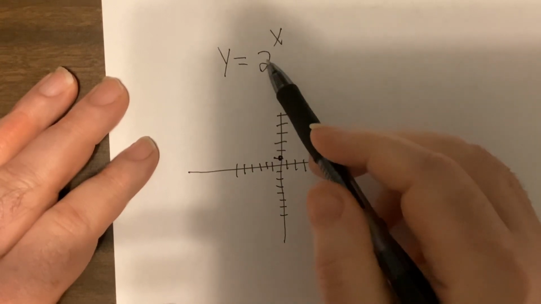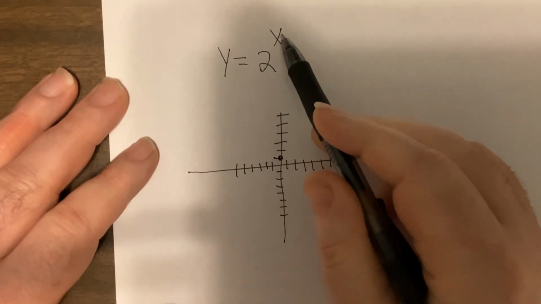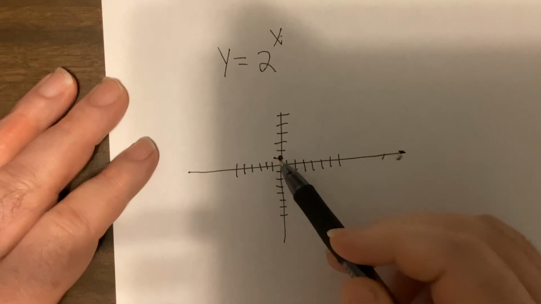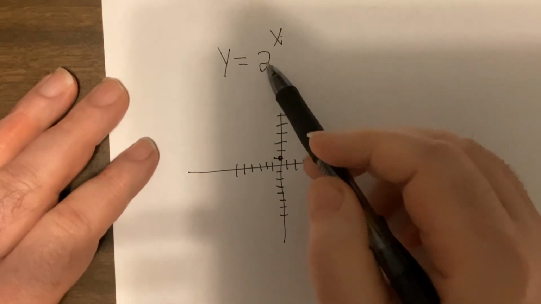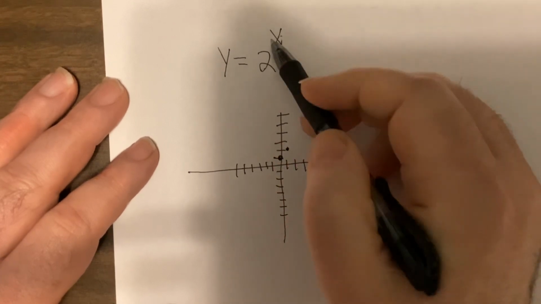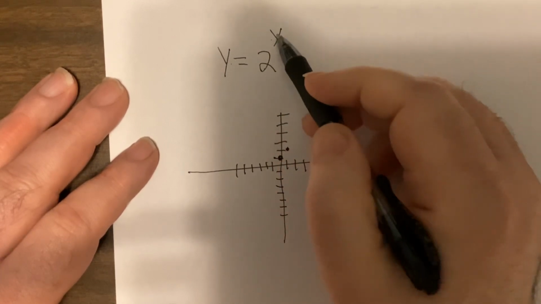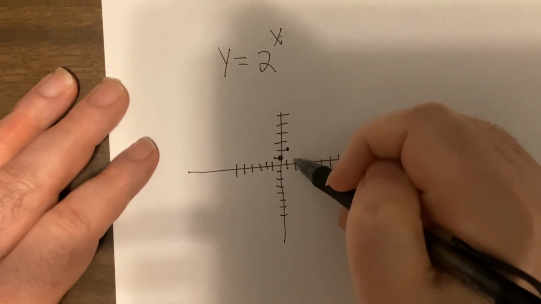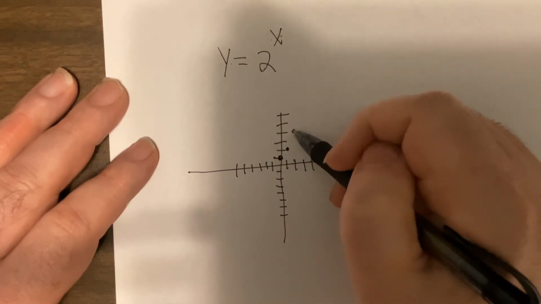So an exponential, when you have a number to a variable, always goes through this point, (0, 1), always. Now notice if I put 1 in, 2 to the first is 2, so (1, 2). Put in 2, 2 squared is 4, so (2, 4).